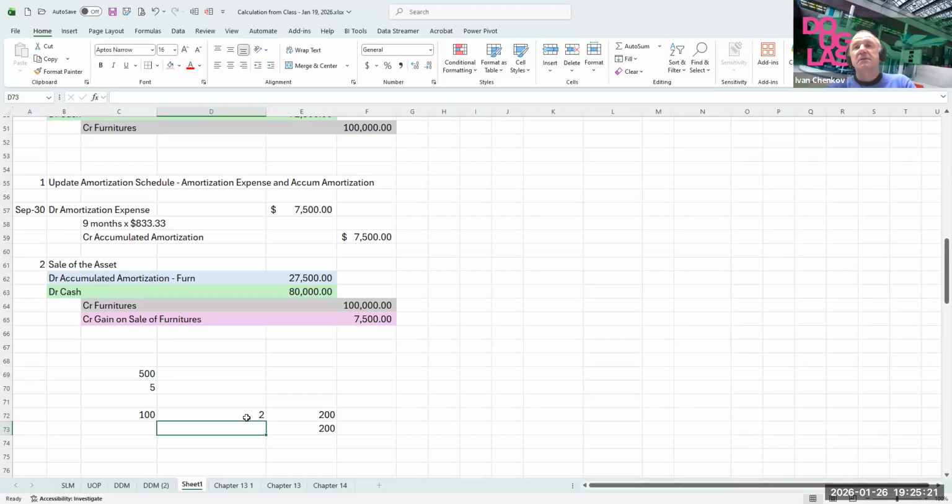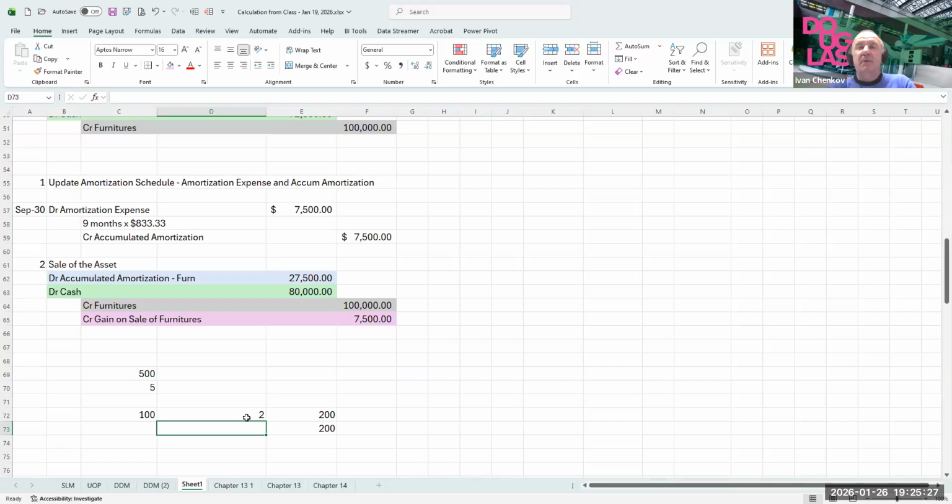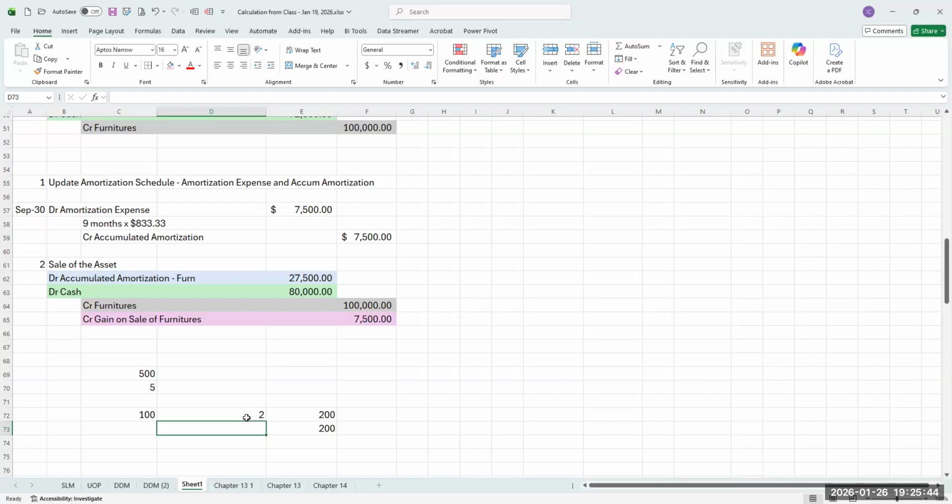How much amortization have you accumulated? 90. And you're selling it for $20. Are you making a gain or loss? How is 90 plus 20? It's a gain. Gain 10. Make sense?